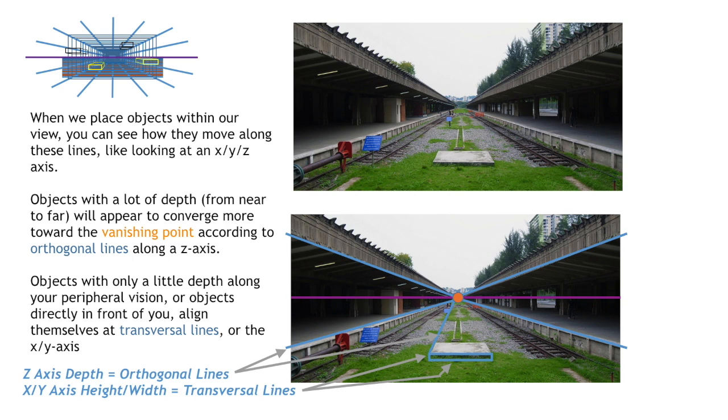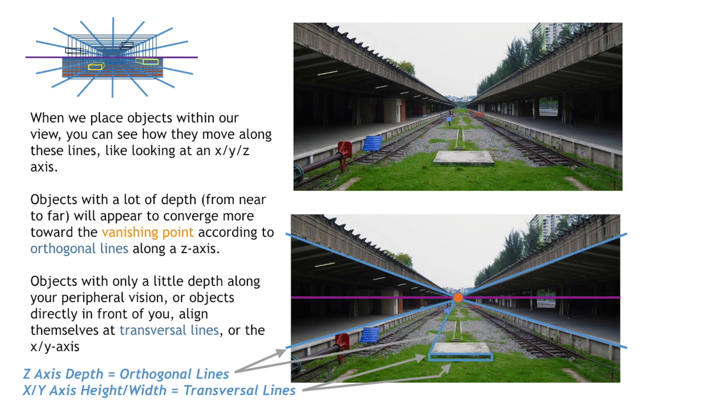And so I've kind of outlined some objects within this photograph. You can see some of them taking the orthogonal lines predominantly, which are the train station lines and the railroad tracks, and those kinds of objects are moving along orthogonal lines. And then you have the railway ties themselves.